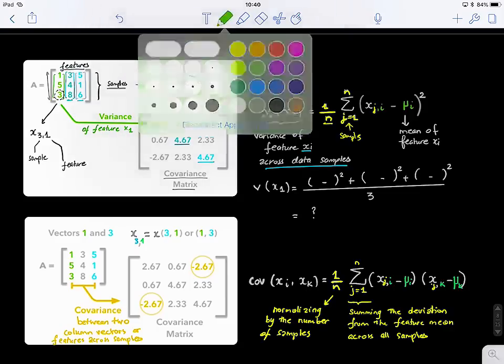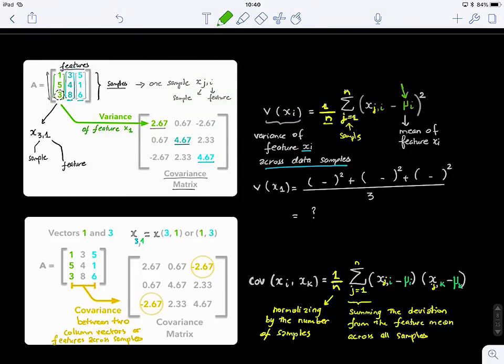The difference between xji, the first one, and the mean of that feature. What is the mean of the feature here? If we look at the first feature vector, it's 1, 5, 3, right? If we compute the average of these numbers across all samples, remember, this is the first feature, and these are samples. How many samples do we have here? It's just 3, right? So what is the average? 3, very good.